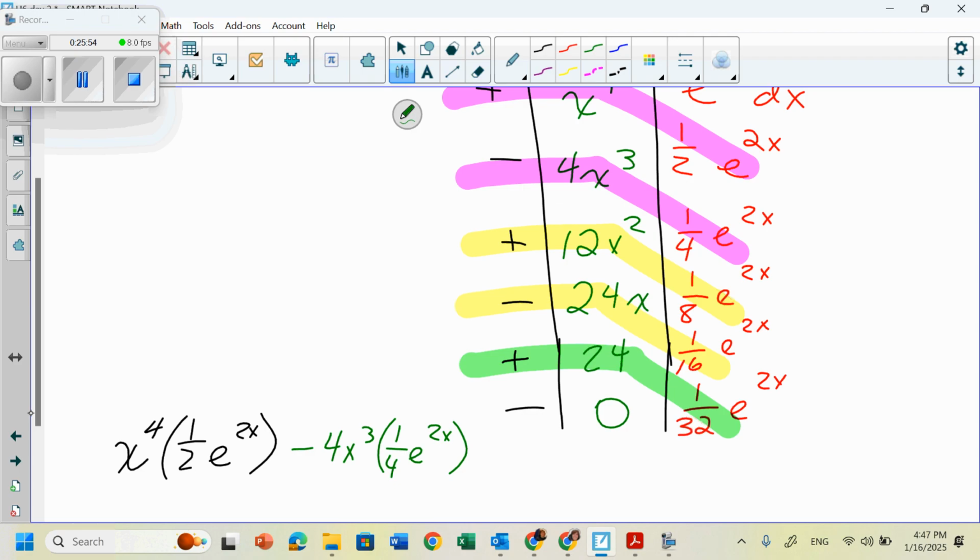I have a negative 24x times the 1/16 e to the 2x. I have a positive 24 times 1/32 e to the 2x. I'm going to clean this up a little bit, just to make it a little bit easier to deal with.